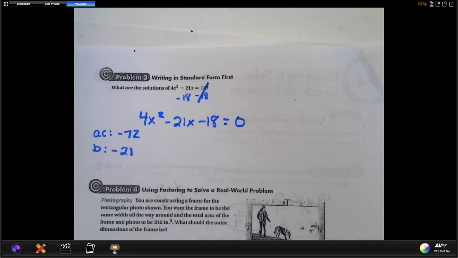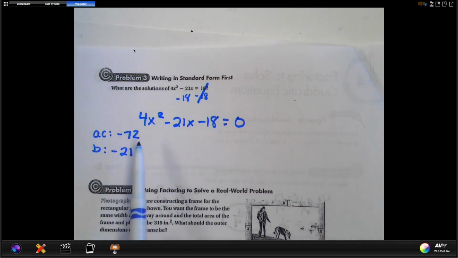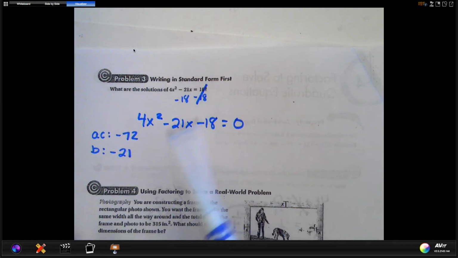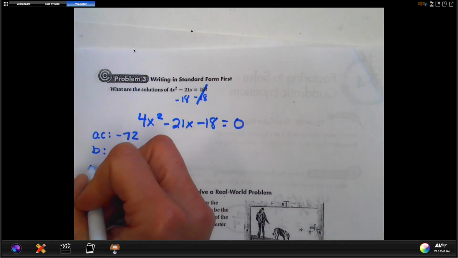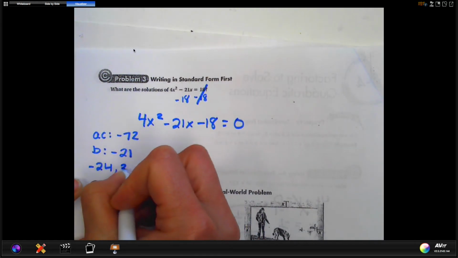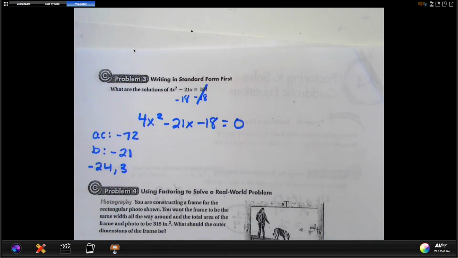So give me a positive and a negative that multiply to get negative 72 but add to get negative 21. Nathaniel, go. Negative 24 and 3. Great job. You could use your calculator and start dividing to get that.